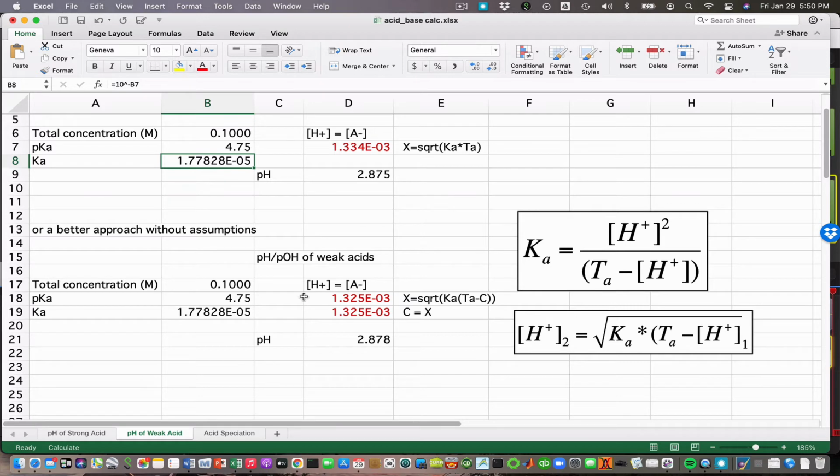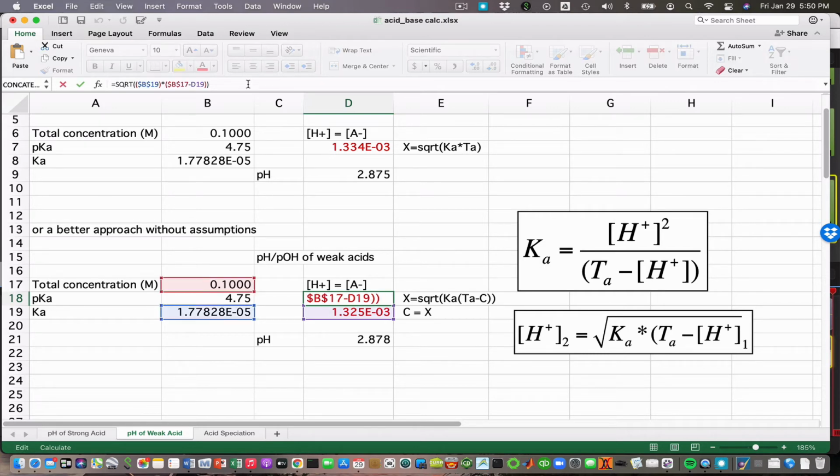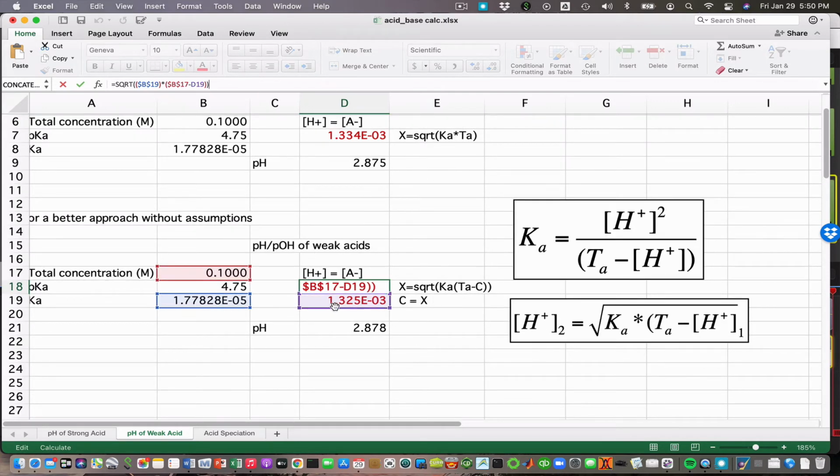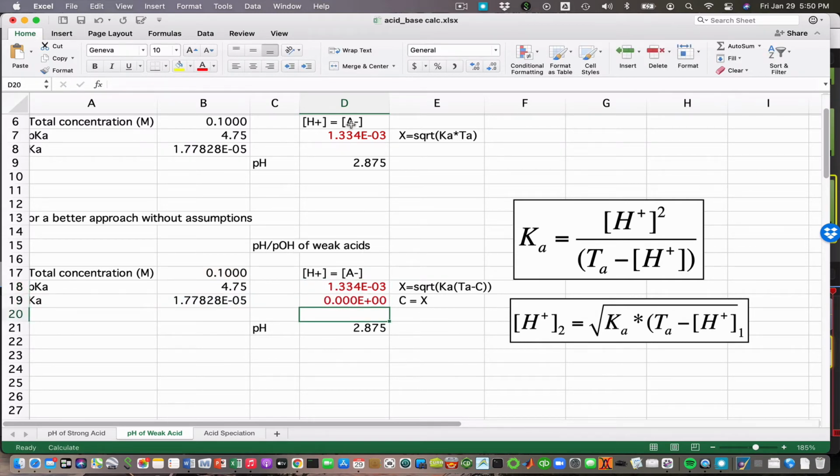The first thing I did in cell D18 is exactly the same thing I did above, except I subtracted off the value in cell D19. So let's set D19 to 0. You'll notice that these two are exactly the same, since setting it to 0 is the same thing as ignoring it.